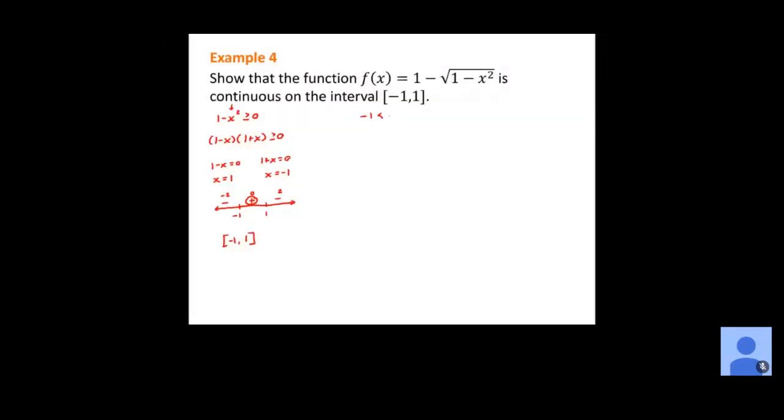There we go. So -1 less than a less than 1. Okay, so I'm letting some a value be a real number between -1 and 1 now, because that's where I need to show that this limit exists. And what I'm going to do next is I'm going to take the limit as x approaches a of our function f of x.